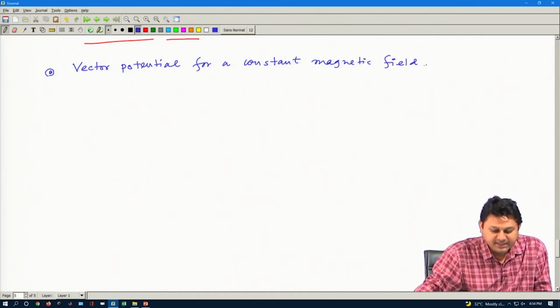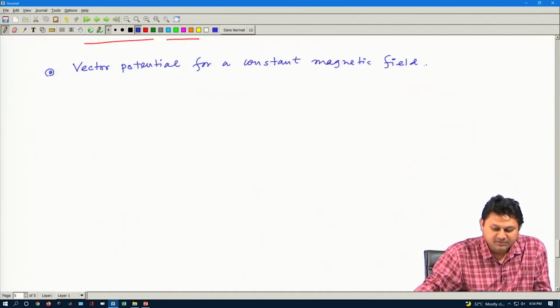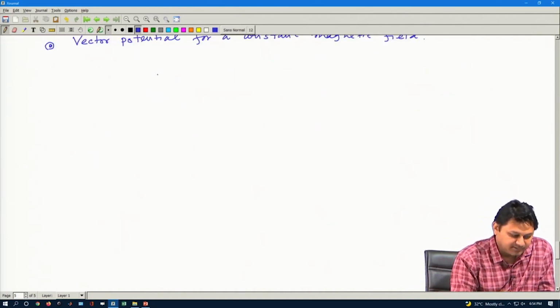A magnetic field is given that is constant, and if I want to find the corresponding vector potential, what should be the form we consider? So, let us consider a uniform magnetic field.